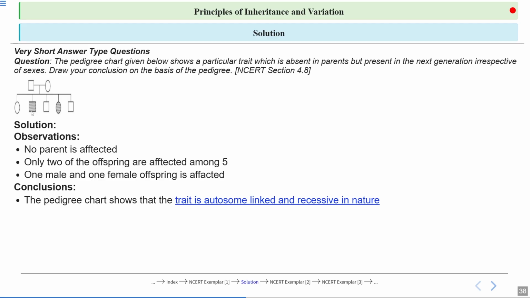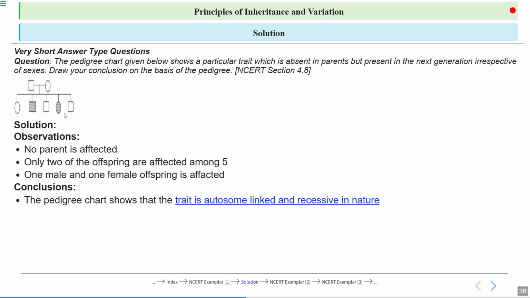In some of the offspring, you can see they are diseased, when they inherit both the copies of the mutated gene from the parents. So this is the recessive condition which expresses in the homozygous condition. They should inherit both the recessive alleles from the parents.